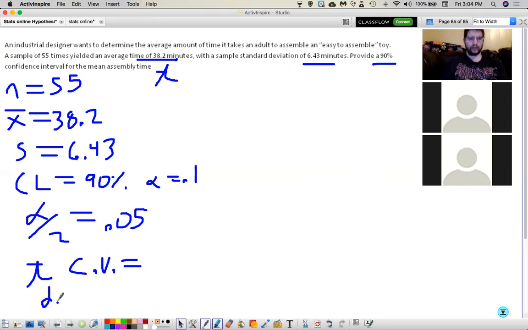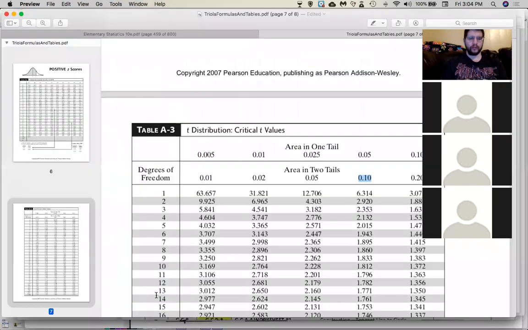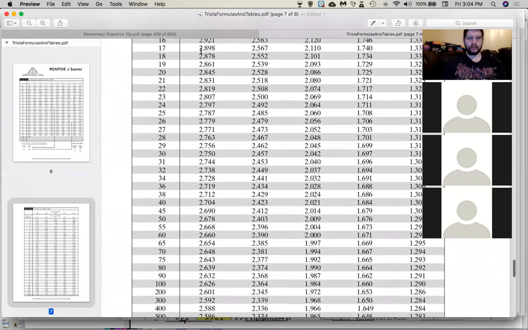Our degrees of freedom are calculated by taking 1 away from N. So we do N minus 1 for 54 degrees of freedom. So we look up down here. 54 isn't here. So we're going to go to the next closest thing, 55.